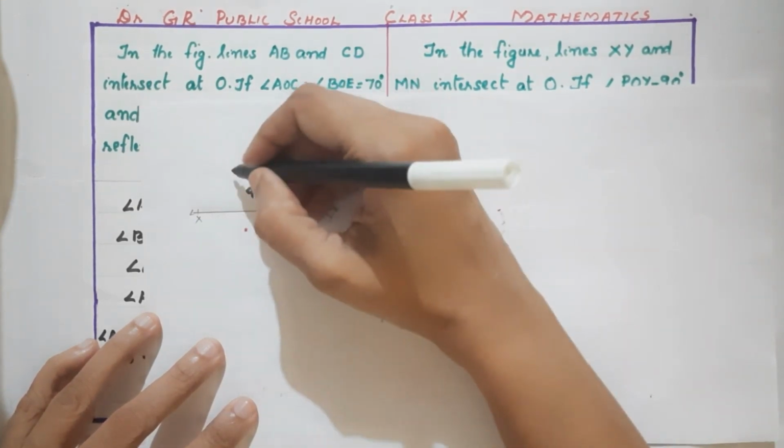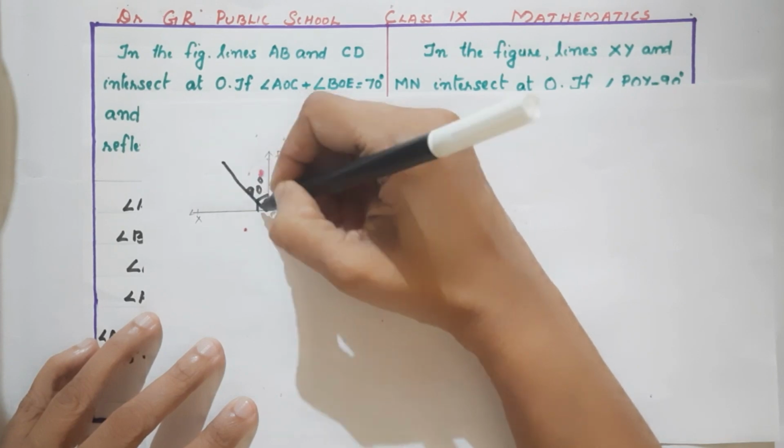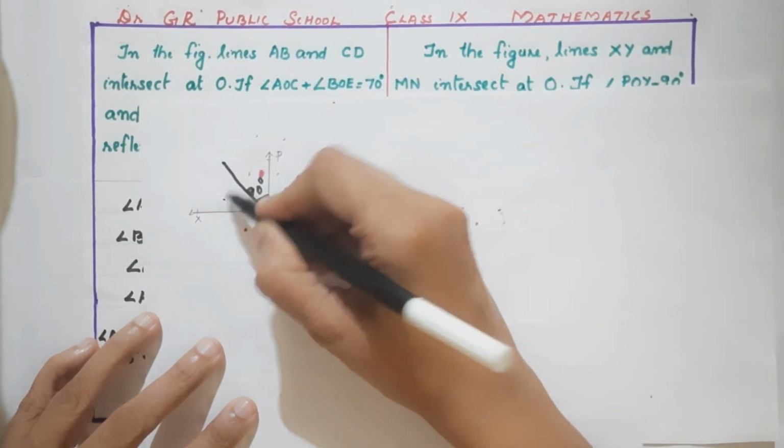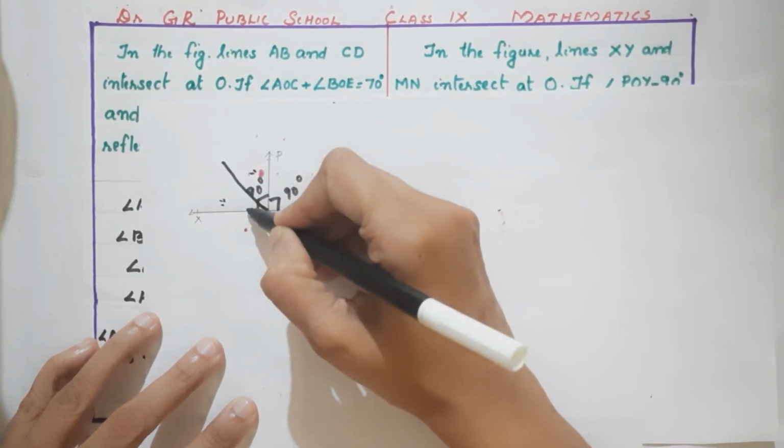And in the question we have one more ray here. What is the sum of these two angles? The sum is 90 degrees.